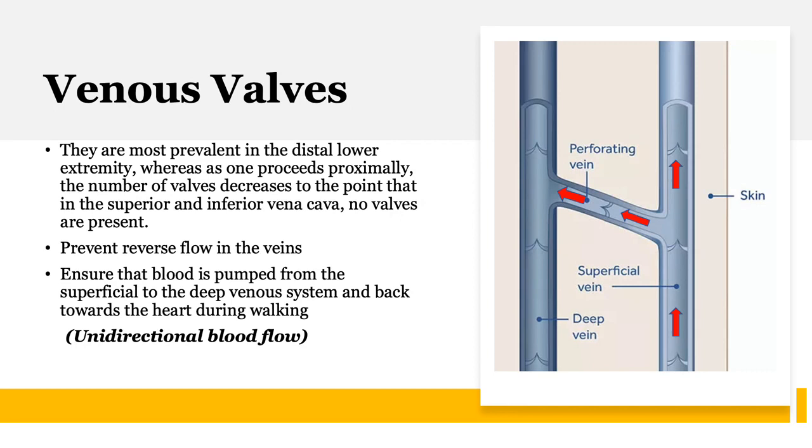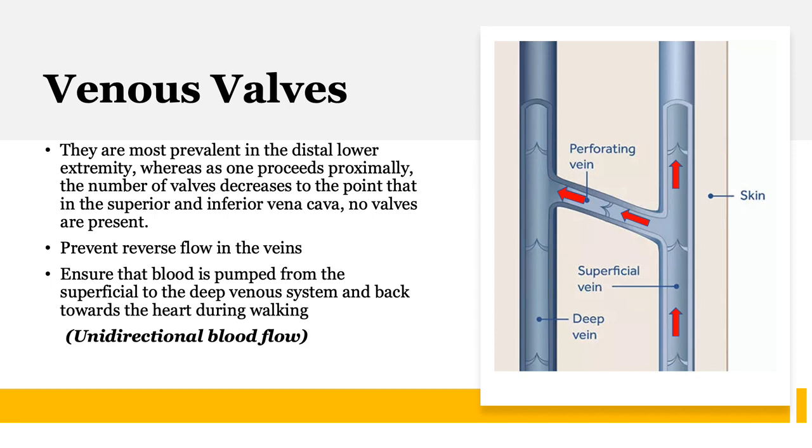Now, venous valves. They are most prevalent in the distal lower extremity, whereas as one proceeds proximally, the number of valves decreases to the point that in the superior and inferior vena cava, no valves are present.